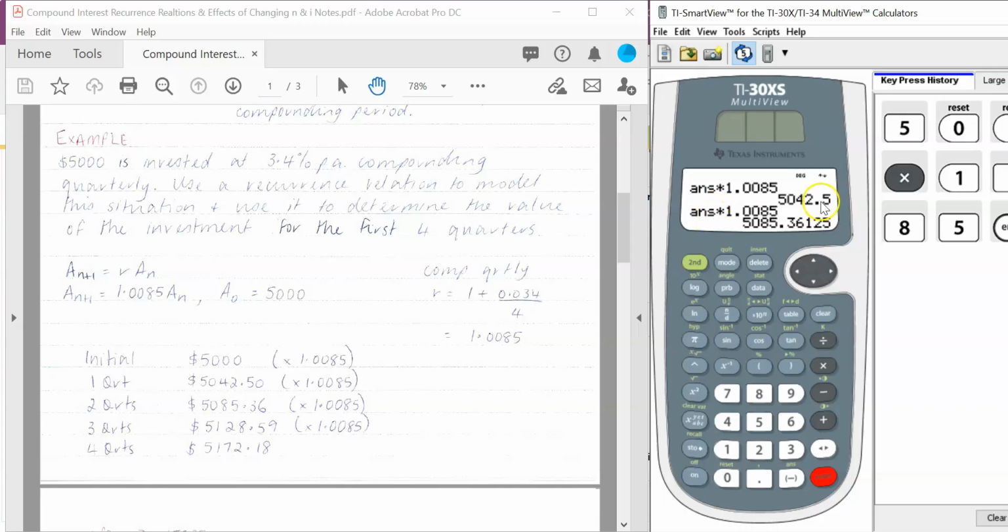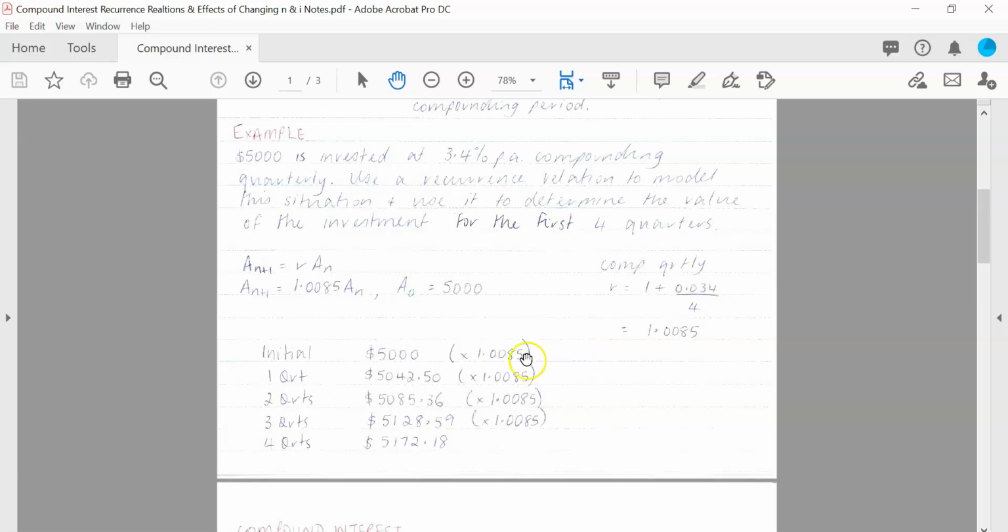And you'll see that the calculator has picked up that previous answer and is now multiplying it by that same number again. And that's giving my answer over here of 2 quarters. Press answer again, and I'm going to get my 3 quarter balance, and press enter one last time to get the final balance that's there. So I'll remind you of that again in the lessons that are coming up, but that's a really important skill to be able to generate those terms very quickly on your calculator.